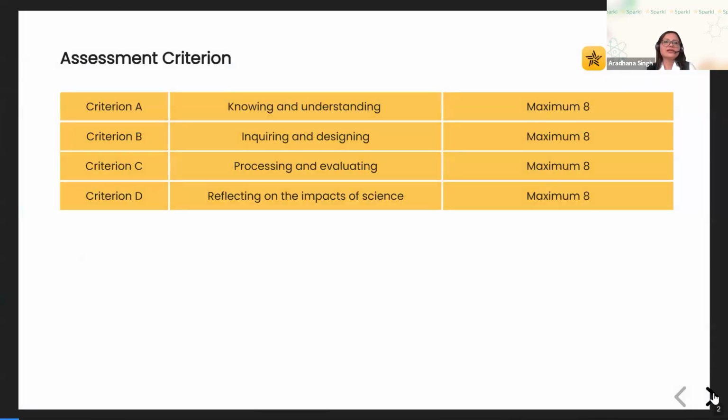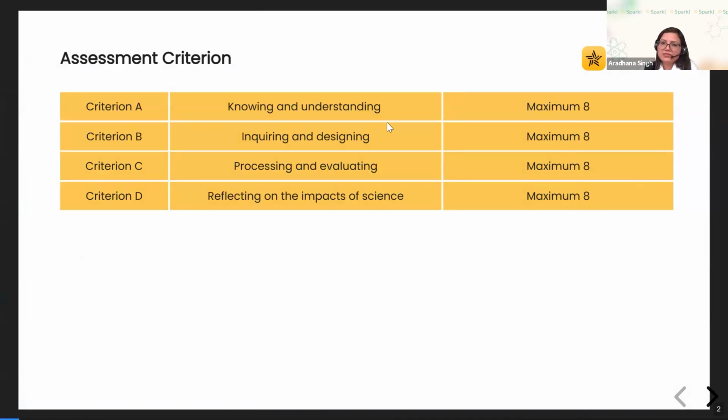Here we are. We all are aware that there are 4 assessment criteria, criteria A, B, C, and D, and all equally carry a maximum grade of 8. The first criterion is all about knowing and understanding.